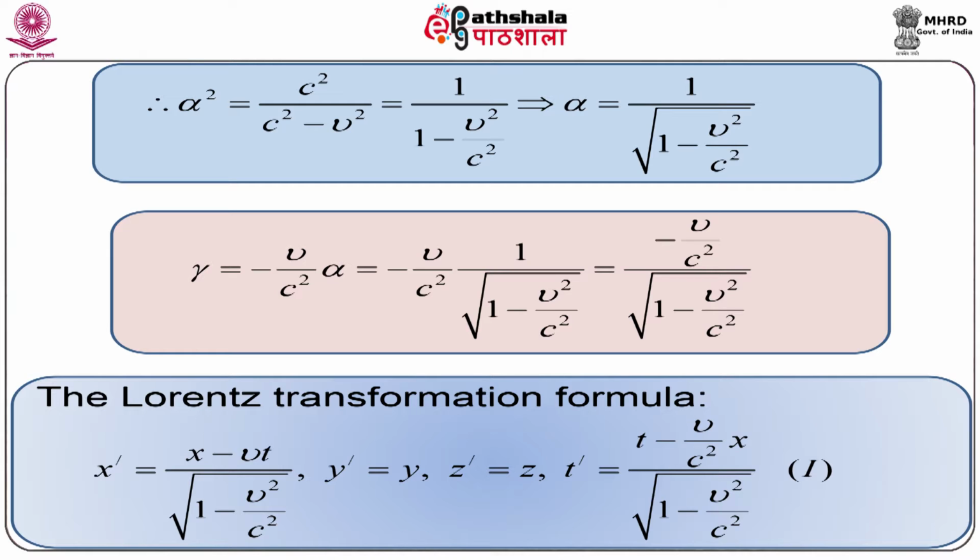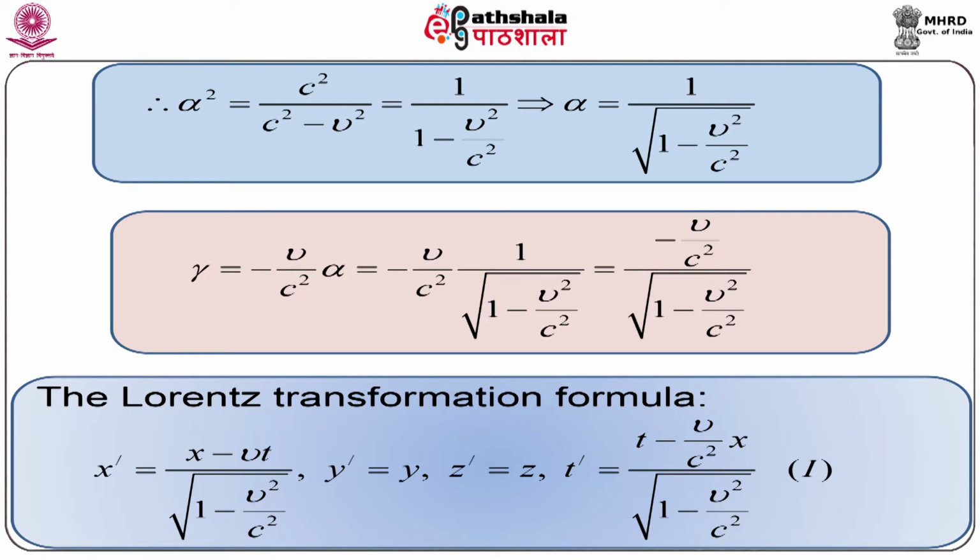This can be written in this manner. Now, the Lorentz transformation formula becomes x dash equal to x minus vt divided by square root of 1 minus v square by c square, y dash equal to y, z dash equal to z, and t dash equal to t minus v divided by c square into x, divided by square root of 1 minus v square by c square.